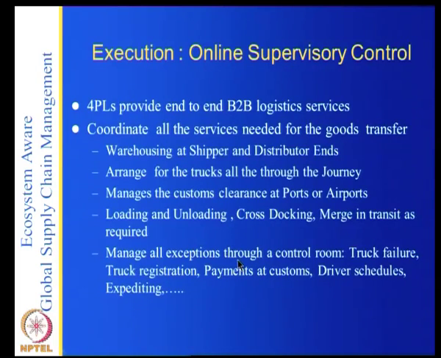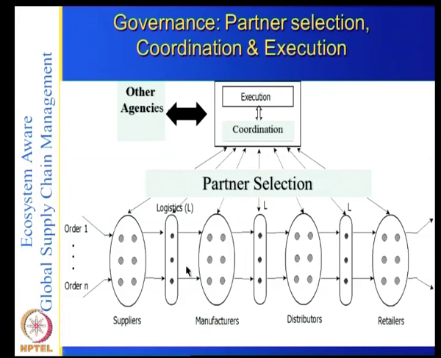That's what we see here. So, the issue is you have three functions here. One is partner selection, that is, for all the suppliers, manufacturers and so on, you have selected partners in various groups in various countries. For example, the supplier can be a group in China, a group in India, a group in Bangladesh and so on.